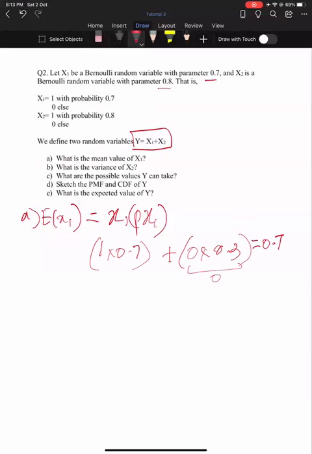For part B, what is the variance of x2? For this, you guys know the formula. It's E of x2 squared minus the square of E of x2.